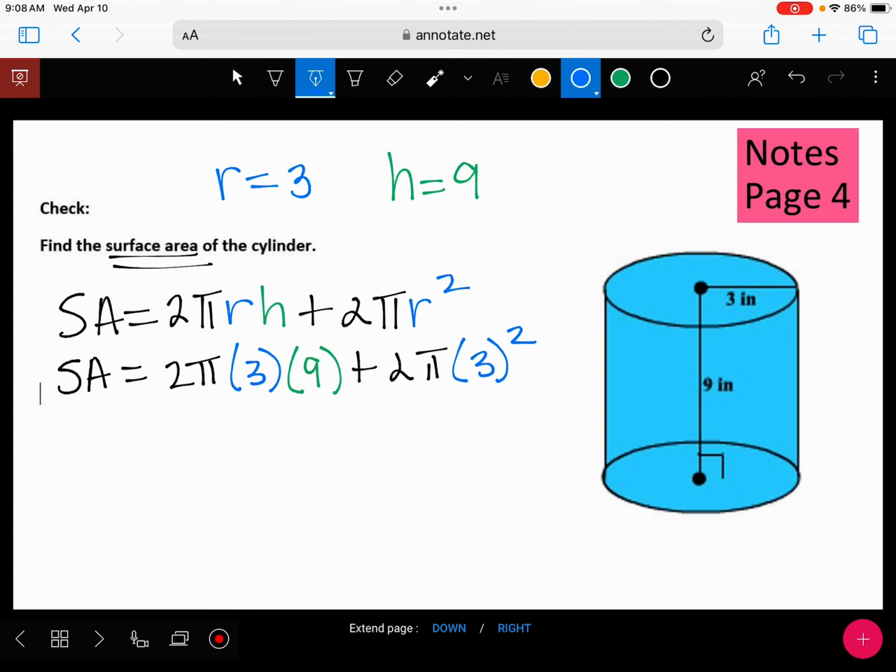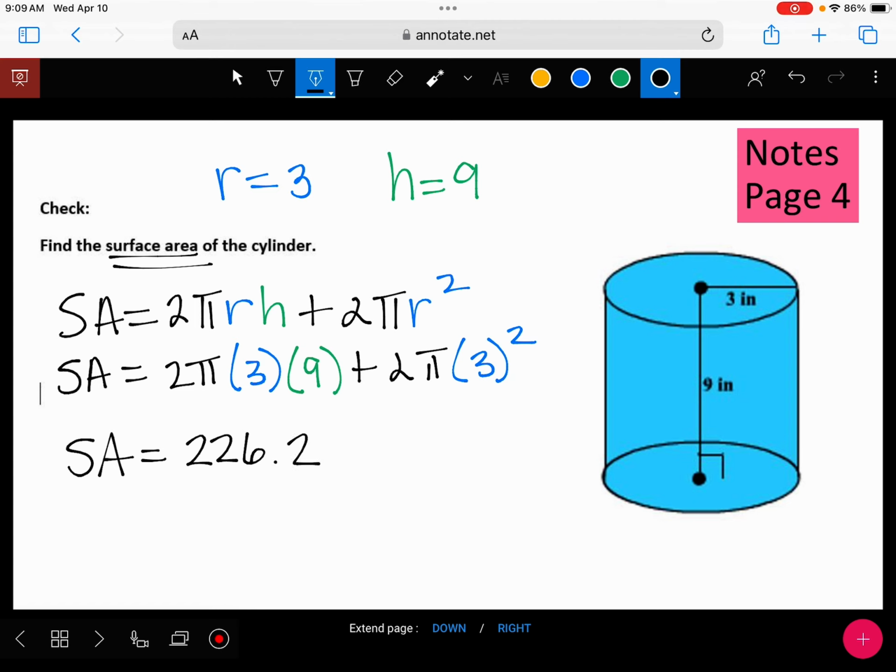Surface area is how much it would take to cover the entire cylinder. Lateral area only goes around the sides. Juan, what did you get? 226.2.